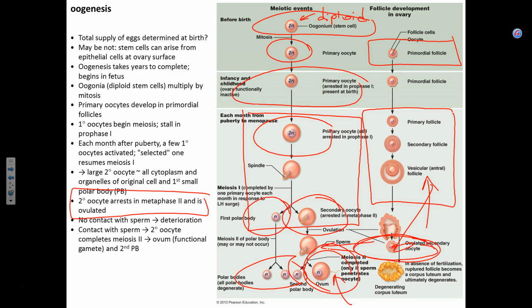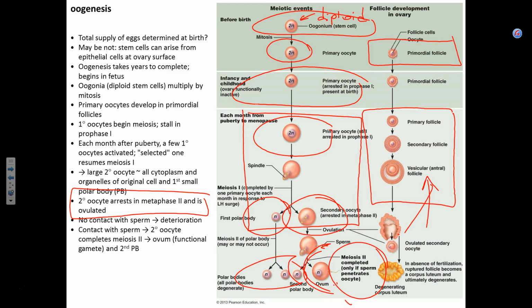If it's fertilized by spermatozoa, secondary oocyte completes meiosis 2 and becomes ovum. An ovum is practically automatically fertilized in this case. Does that make sense to you?